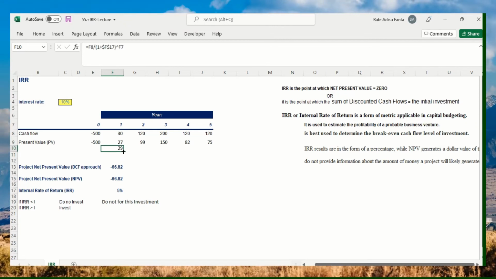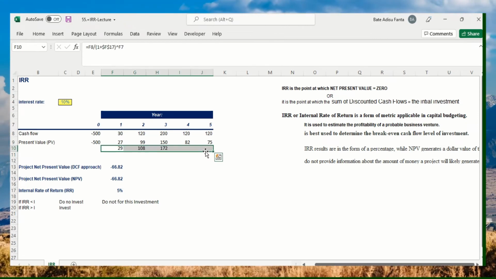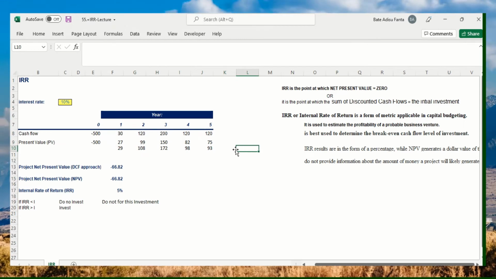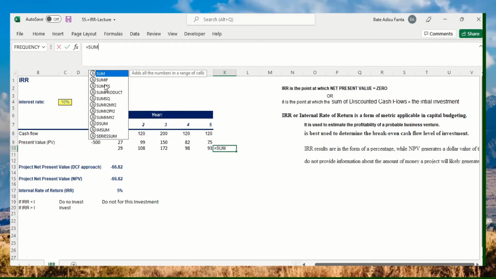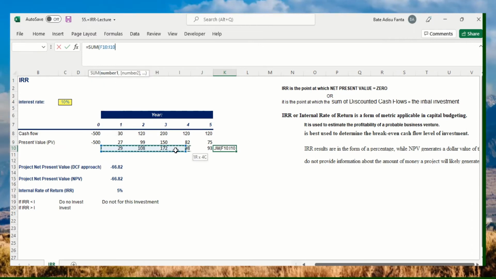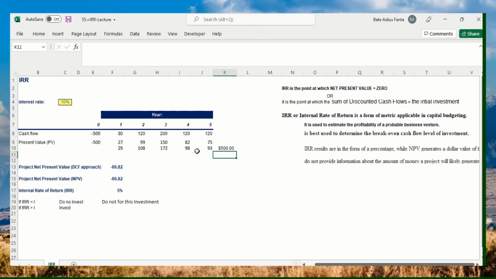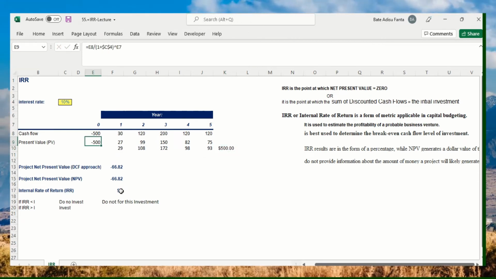If we drag this to the right to all the years, you see the sum is 500. So it's 500, 500. At 5%, we fully cover our initial cost.